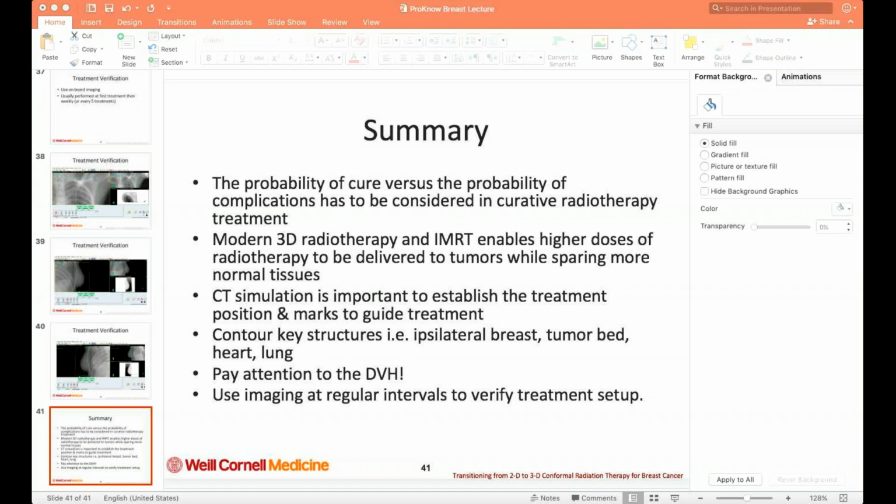So when you're doing 2D, you would take a wire, right? You take a wire and create an outline. As I've seen it practiced in the institutions that I was in, and I think there are maybe different ways to do it, a wire would be used to create the patient's outline, and then you transfer that onto a piece of paper.